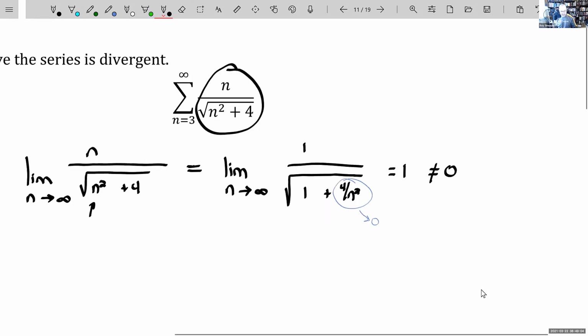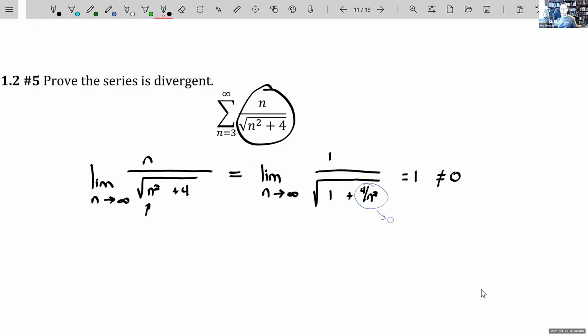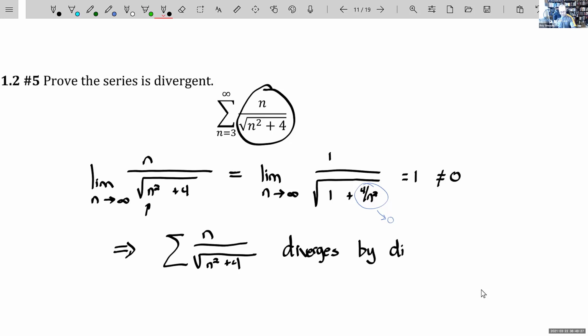So as n goes to infinity, the sequence that the series is based upon is not 0. Thus, the series diverges. Summation n over root n squared plus 4 diverges. And you will always cite the divergence test. So by divergence test, which you can shorten to DT.